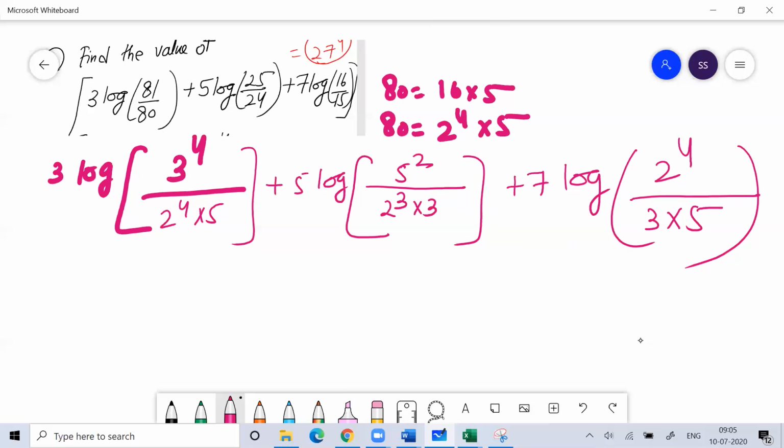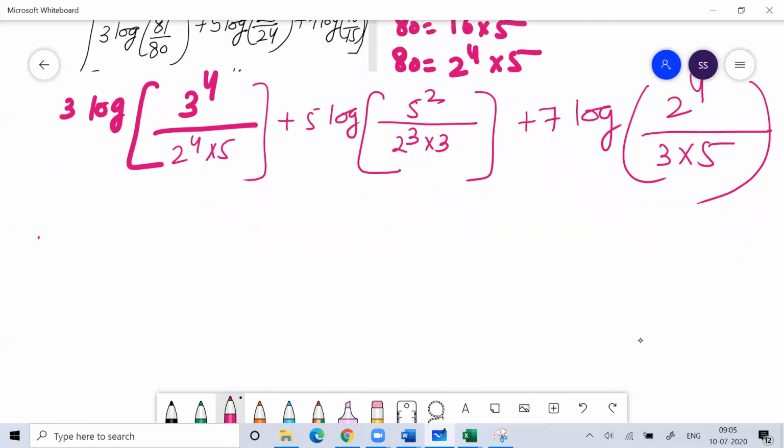Now I can write this as 3 in bracket. Can I write this as 4 log 3? Yes, I'm just saving one step. When you divide, you subtract, so minus 4 log 2 minus log 5.